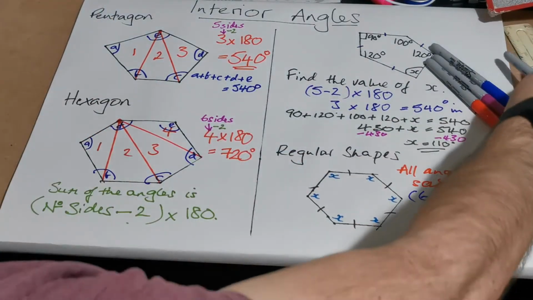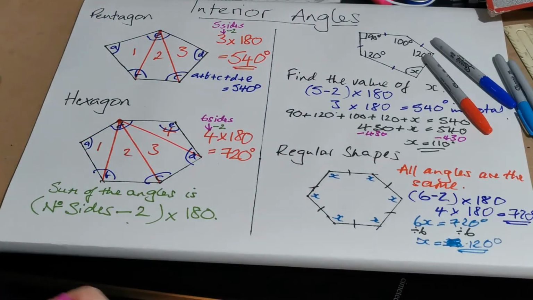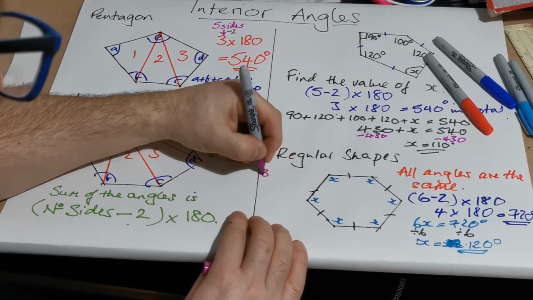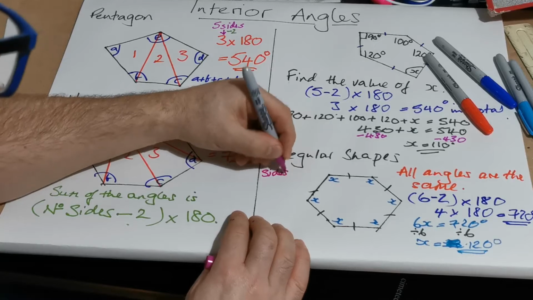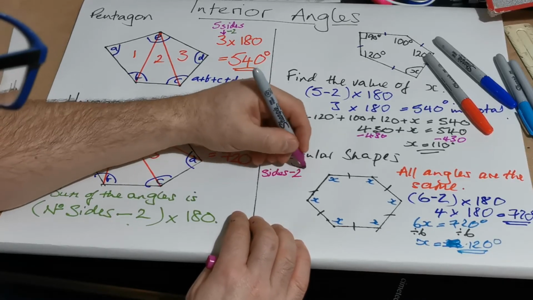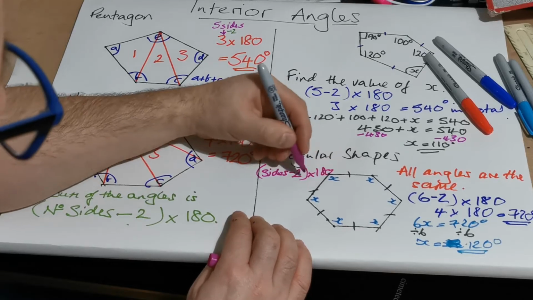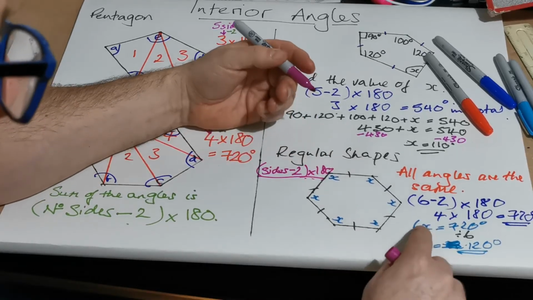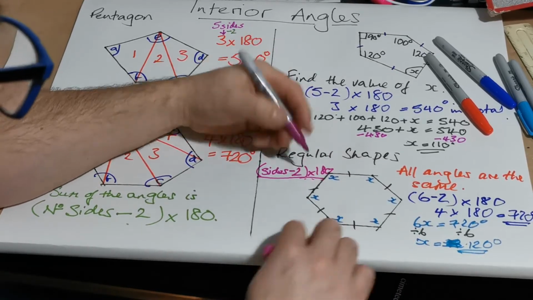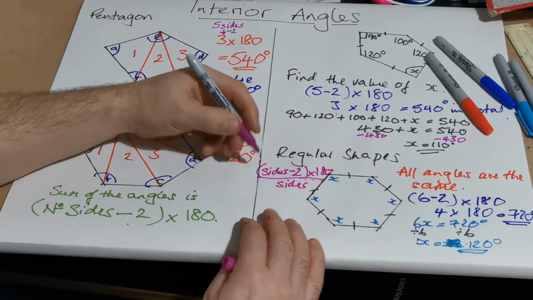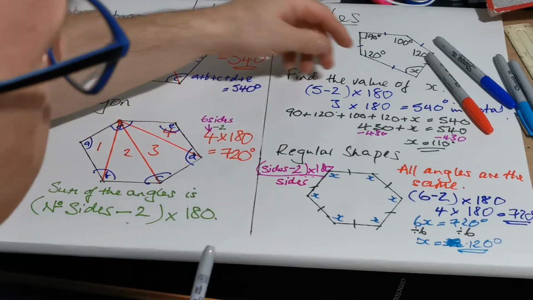Now, if I wanted to work out more generally, you could see that overall I've done sides take away 2 times 180, and in here I divided it by 6. Now 6 was the number of sides again, so number of sides. So that would be the angle in a regular shape.